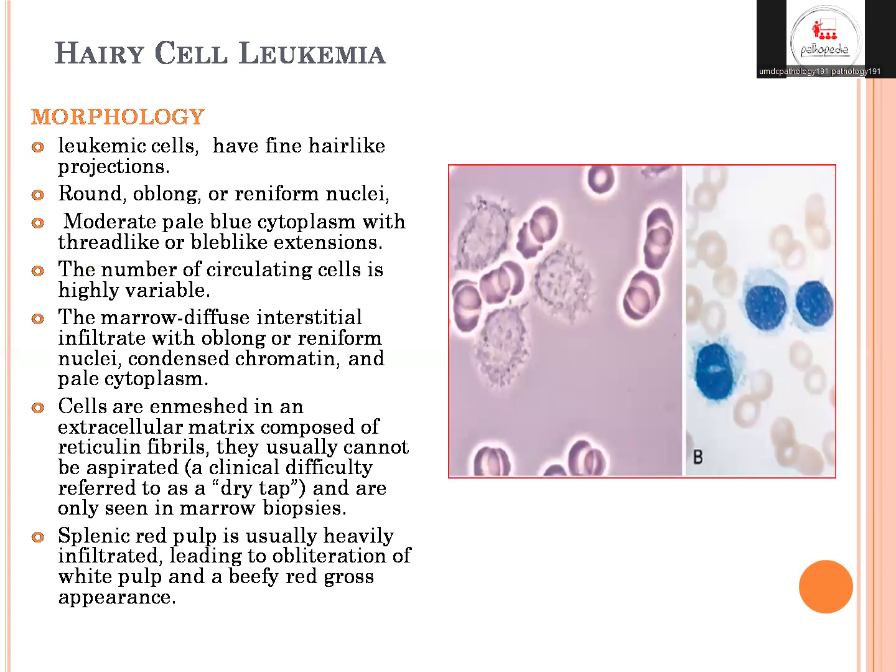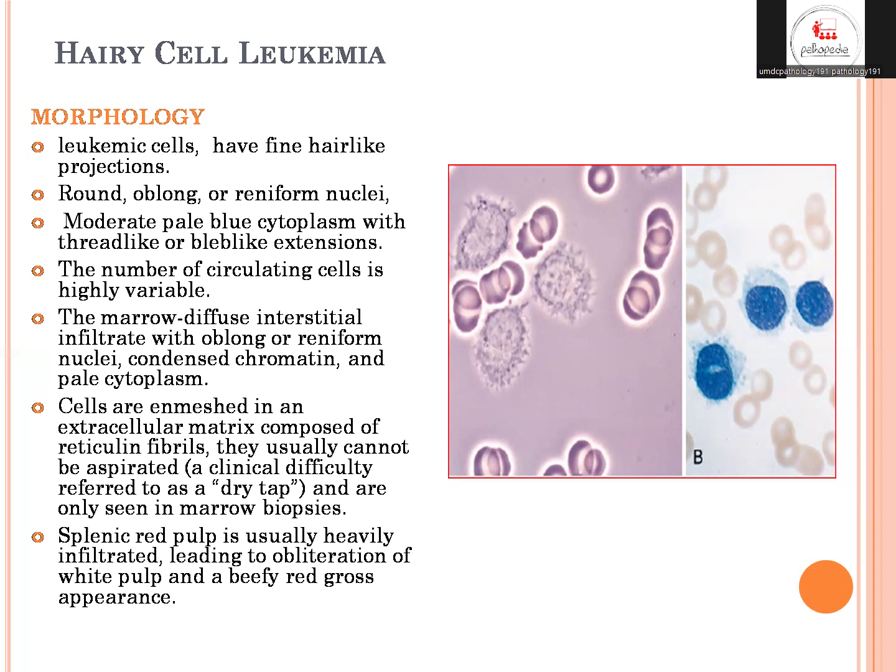Towards the morphology, the leukemic cells have fine hair-like projections, round, oblong, or reniform nuclei, and moderate pale blue cytoplasm with thread-like or flap projections. The number of circulating cells is highly variable. The bone marrow shows diffuse interstitial infiltrate with oblong or reniform nuclei, condensed chromatin, and pale cytoplasm.